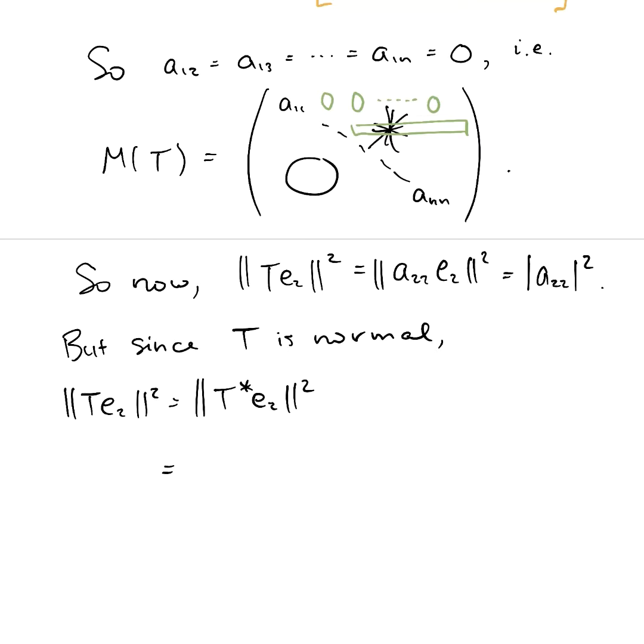And then you can read off from that matrix for T star that T star of E2 must be 0 E1 plus A22 bar E2 plus A23 bar E3 plus dot dot dot all the way through A2N bar En.